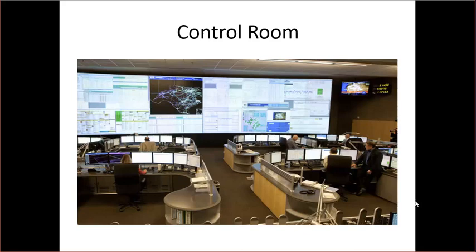So if you're operating an electric grid, you typically have some sort of a control room or a control center that's going to look something like this. And here's where the computer is trying to represent everything that's going on in your grid so that you can operate it and maintain it and fix problems.